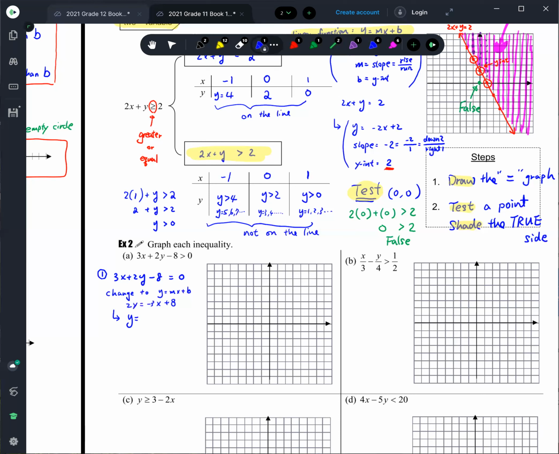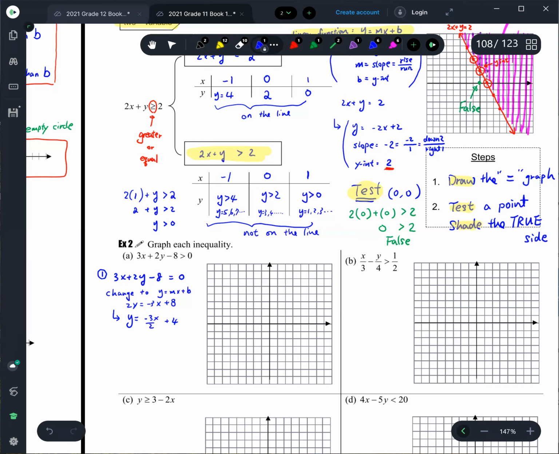Is it y equals negative 3x plus 4? Oh, do I also have to divide the negative 3x by 2? That's right, everything needs to divide by 2. So keep it in fractions? Yeah, leave it in fractions. So then it's y equals negative 3x over 2 plus 4.